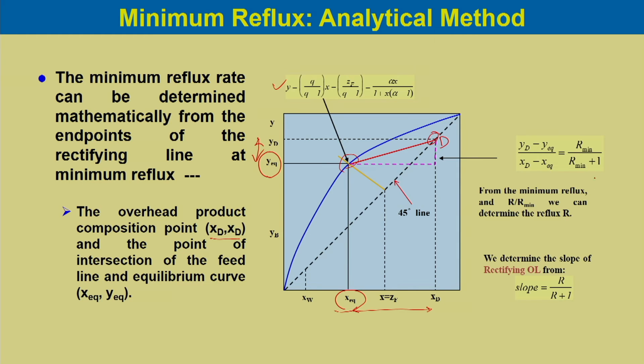If we substitute these equilibrium values, y equilibrium and x equilibrium, xd is known to us, and yd is also known to us. So we can calculate Rm from this expression, and from this equation we can calculate the minimum reflux ratio by the analytical method.